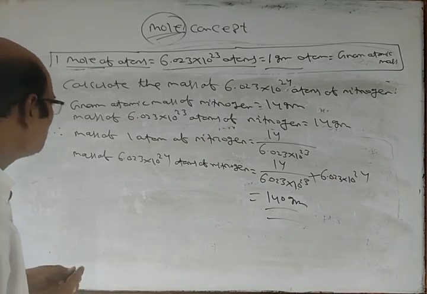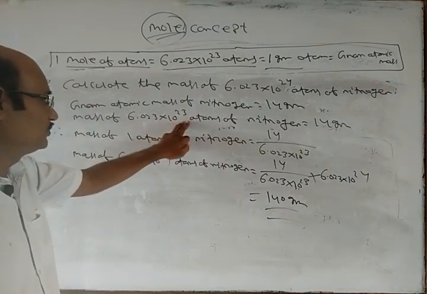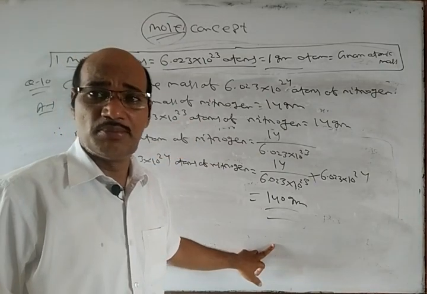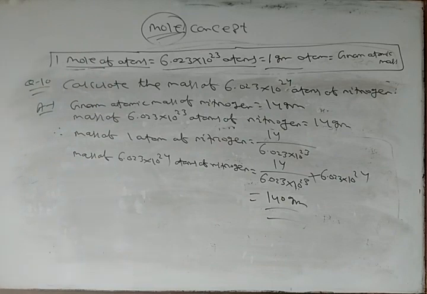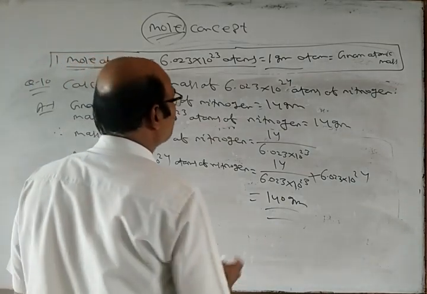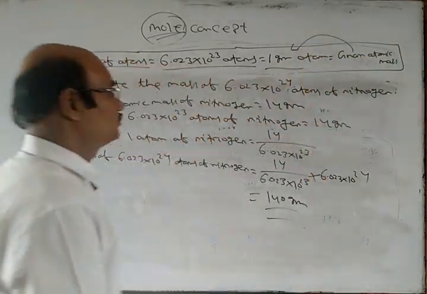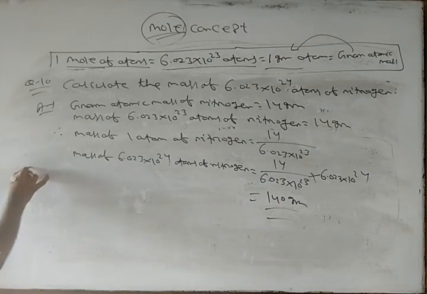Therefore 6.023 into 10 power 24 atoms is equal to what? Into 10, that is 140 gram, the mass of 6.023 into 10 power 24 atoms of nitrogen. Now we can relate atom mass into gram atoms. Okay. Question number 11.